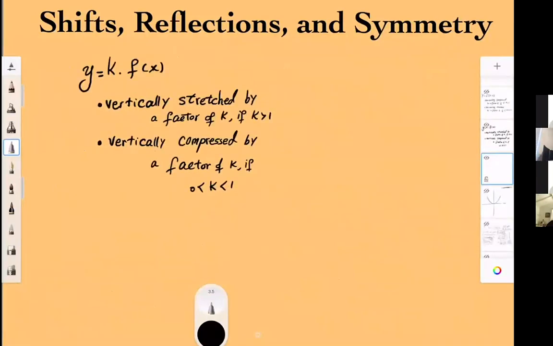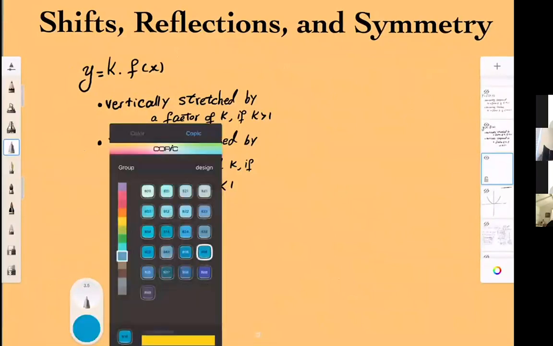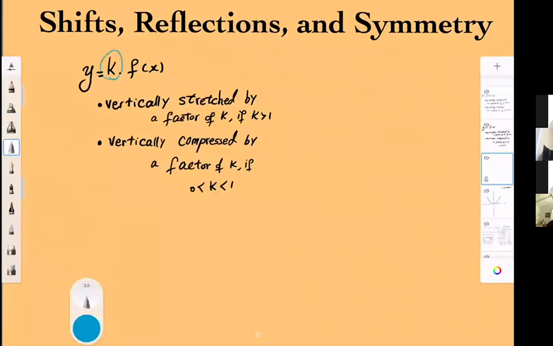If you multiply a function by a constant, by this k, for example, let's say we have this graph, x squared.